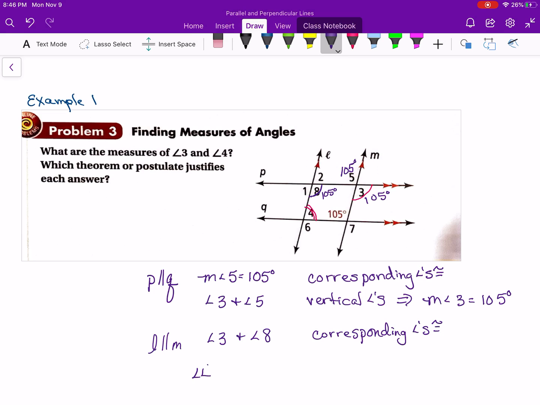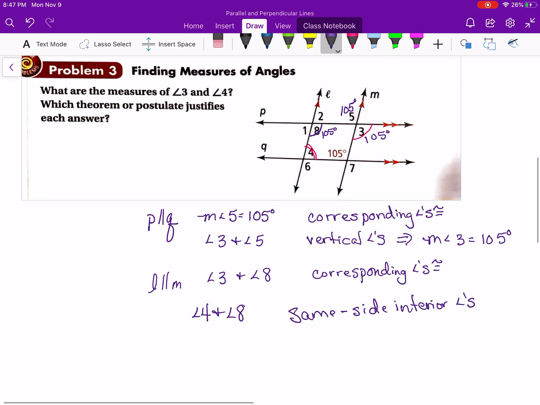Angle 4 and angle 8 are same side interior angles. And one of our theorems says that those angles are supplementary. Meaning that the measure of angle 4 plus the measure of angle 8 equals 180 degrees.